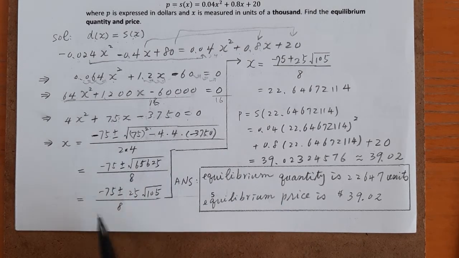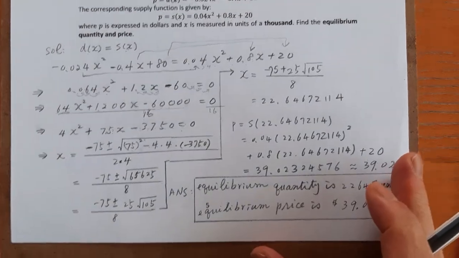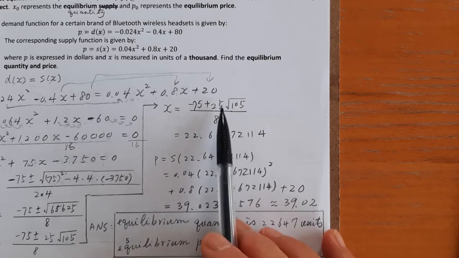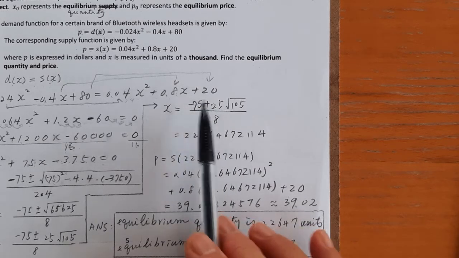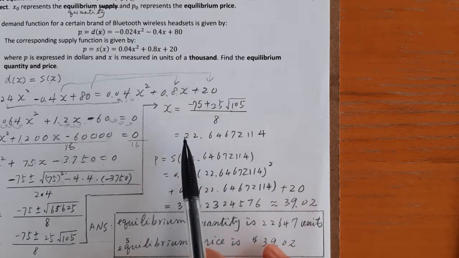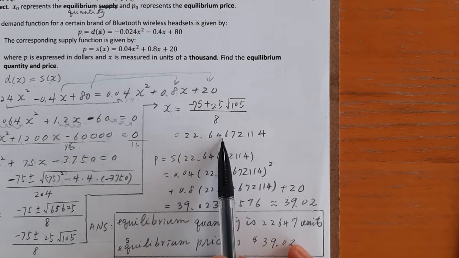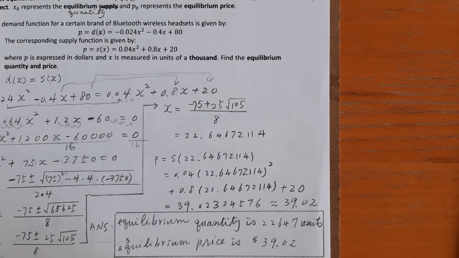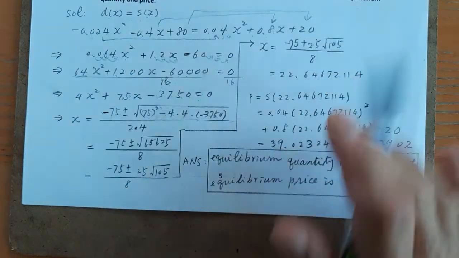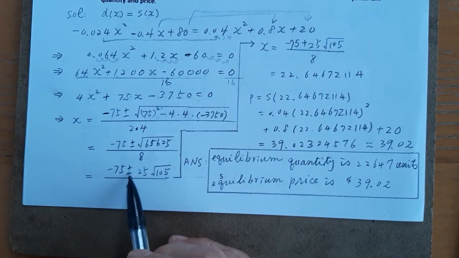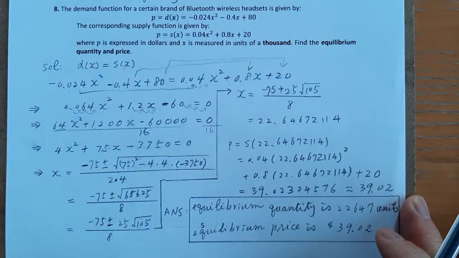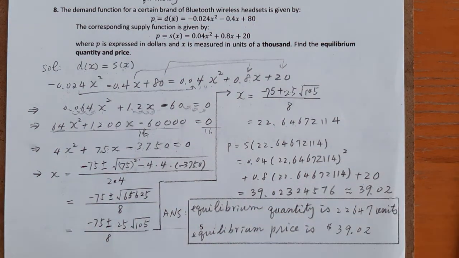You can use a calculator to figure it out. After simplifying, the denominator is 8, and taking the square root with the calculator, we pick the plus sign. With the minus sign, the result would be negative, but x is in thousands of units, so it should be positive.